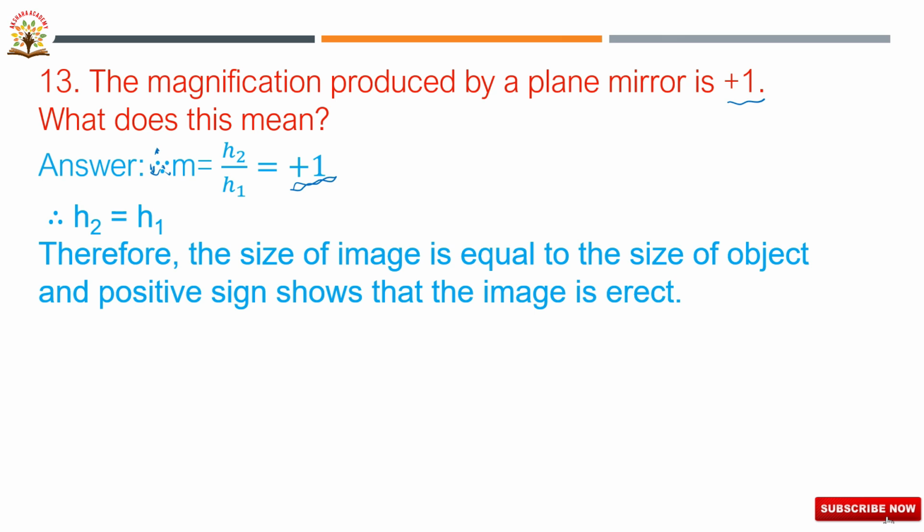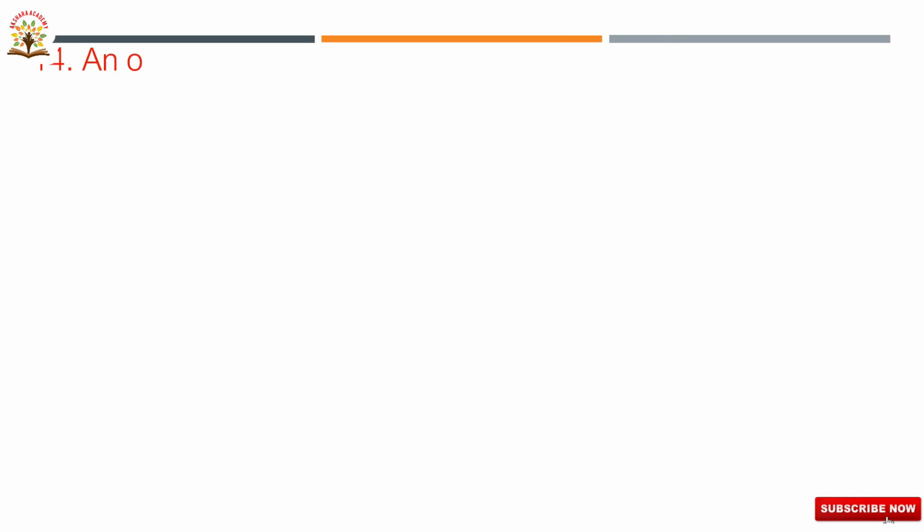Therefore size of the image is equal to size of the object, and the positive sign shows that the image is erect. Okay, next we will go to the next question, the 14th one.